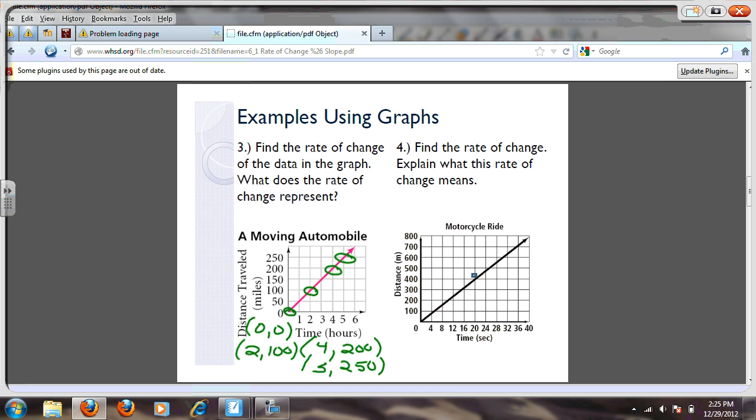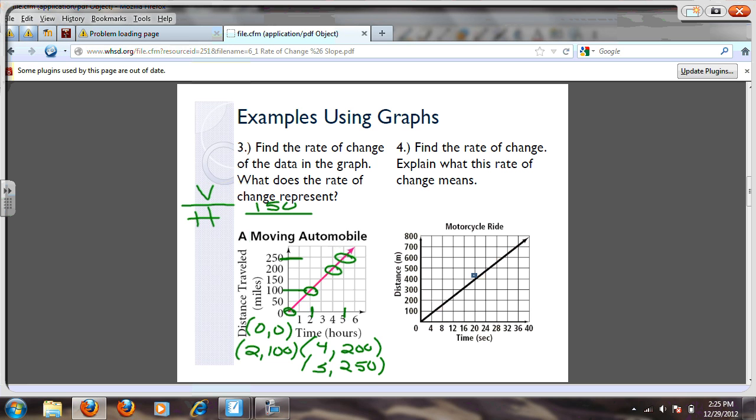Which times and distances would you like to use? What do you think, Logan? You want to use 2 and 100. Okay, there's one. What would be another one you want to use, Matt? How about 5 and 250? Sure. Remember, it's the vertical over the horizontal. So what's the change from 100 to 250? That's 150. And how are we doing that?